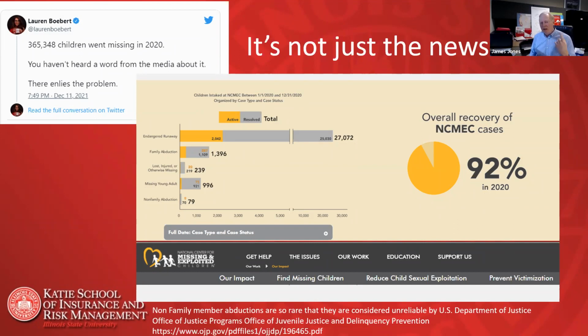So if your kid stays over at choir practice and you didn't know about it, or if they took the bus home to their friend's house to play basketball, and you can't get a hold of them by phone, they're missing. But if you're talking about those reported, over 24 hours, it goes from 365,000 to like 27,000.